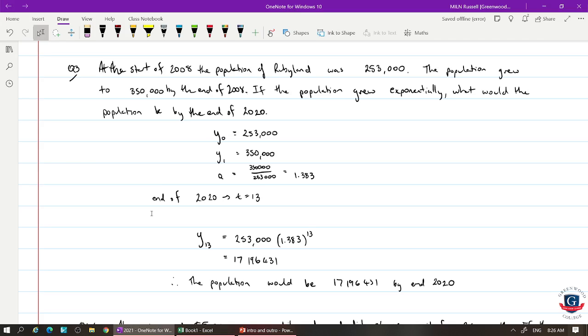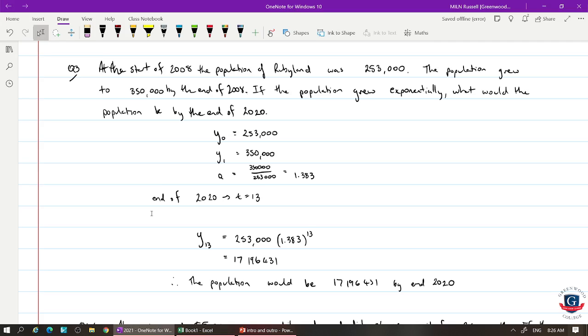So we have our initial value at the start, Y0, that's 253,000. Now, it grew to 350,000 by the end of 2008, which is the same as the start of 2009. So that would be Y1. So we can work out the growth rate, which is 1.383, by dividing the two values over the year.